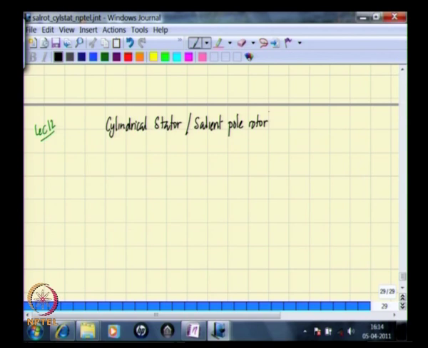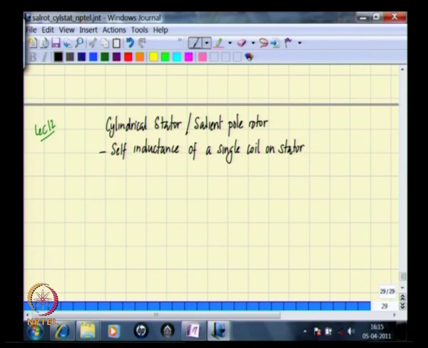We have been trying to find out the self inductance of a single coil on stator.